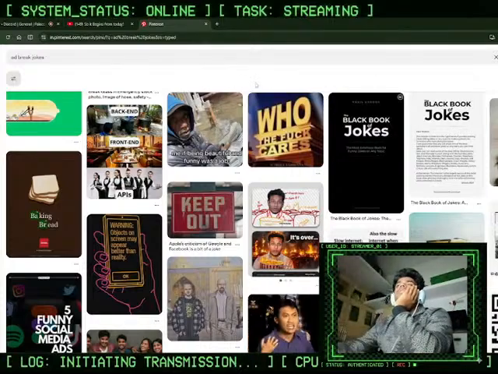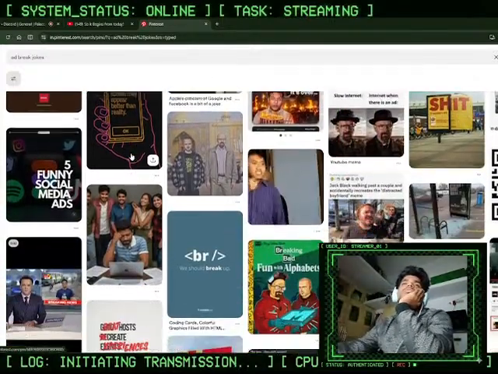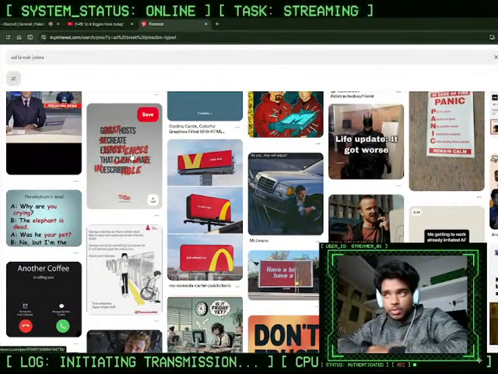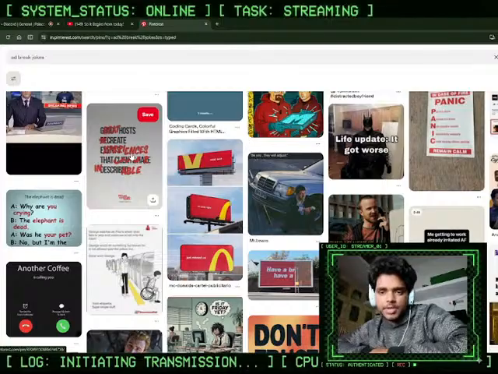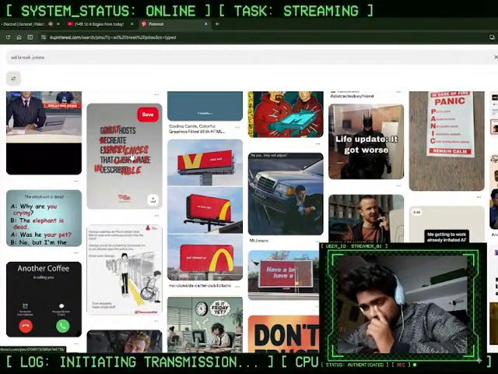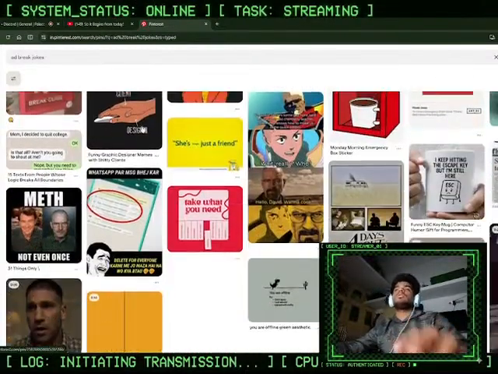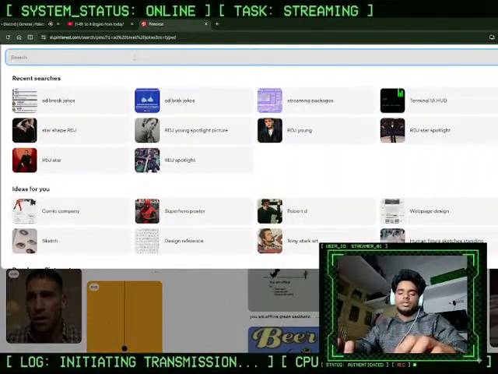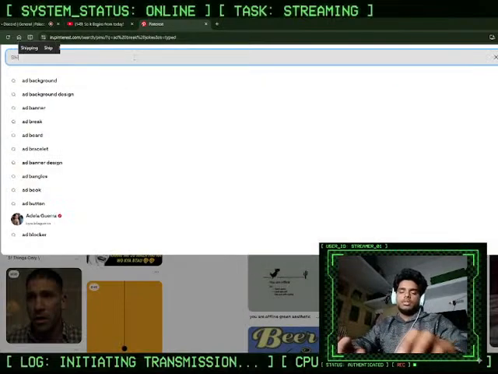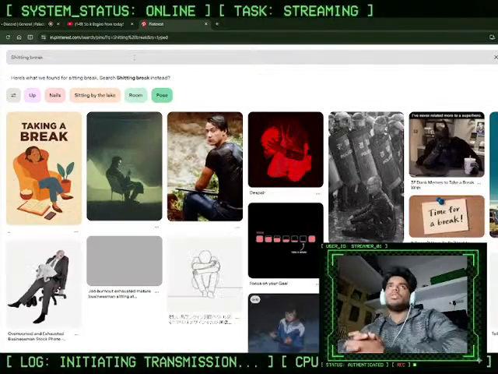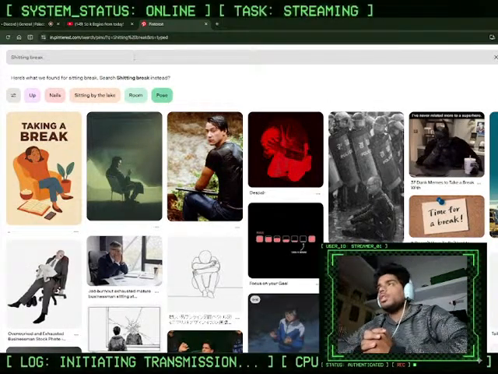Coming back to the ad break joke. The easy way would be to go and ask ChatGPT or Gemini, but let's not rely on them. Let's make a joke out of it. I have a few lines, like: taking a break.